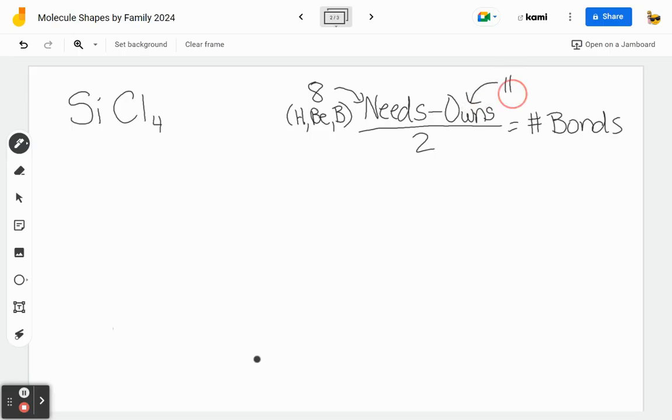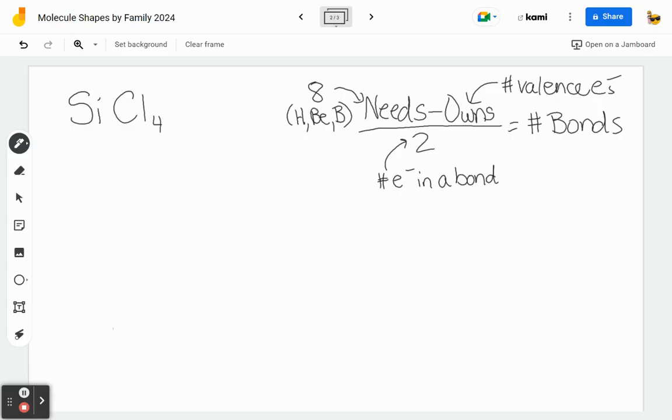Owns is going to be the same number of valence electrons that we counted up in each of the problems that we did so far. And we divide it by 2 because that's the number of electrons in a bond. So let's try this with silicon tetrachloride.